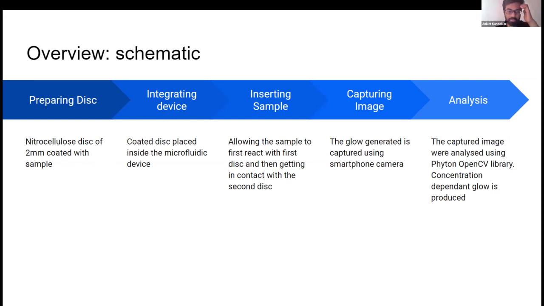These coated discs were then lyophilized and placed on the microfluidic device. On that device, we inserted the glucose sample, which reacted with the enzyme and with hydrogen peroxide that was generated, and therefore we got a glow, and that glow was captured with a smartphone camera. With the images that we got, we developed a Python-based scheme using OpenCV library, and we were able to detect the glow that was there.